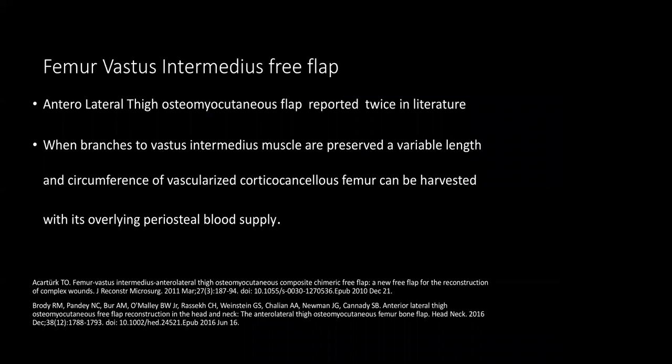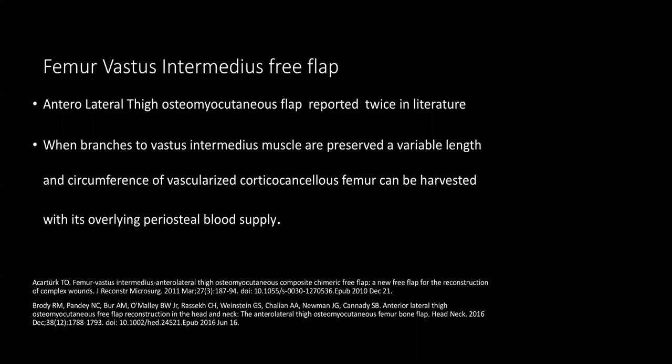The final bone flap that I want to describe to you is the vastus intermedius along with femur free flap, which is a very recent description. Probably over the last 10 years, there have been 2 or 3 papers published on it. This is based on the same vascular supply of the ALT flap, but using the branch to the vastus intermedius muscle.